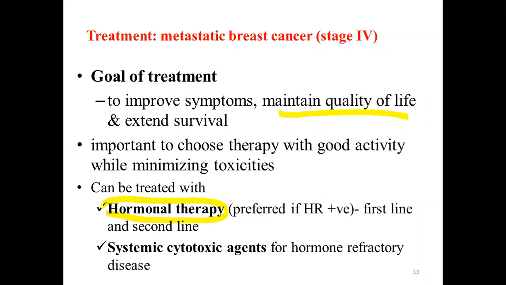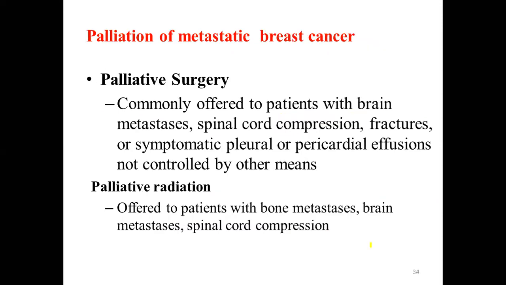But if the tumor is hormone refractory or HR negative, you can consider systemic chemotherapy, but with monitoring, because the disease is advanced and the patient may not tolerate the chemo. Otherwise, there is a possibility to consider palliative surgery and even palliative radiation therapy.